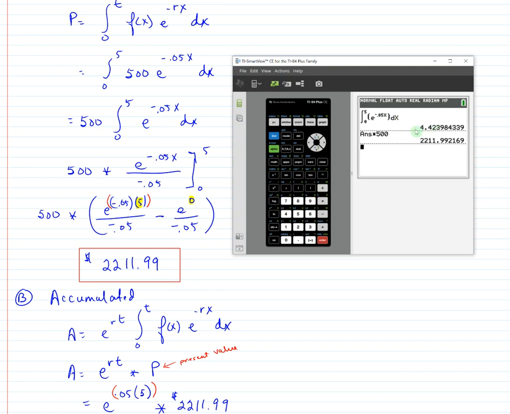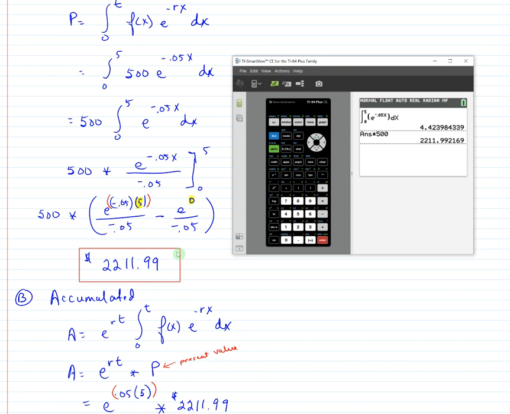I hit enter and got this 4.42 decimal number, and then I multiplied it by the 500. You get the answer that we get if we do it the long way. At this point, you are totally capable of doing that. You do need to use your formula and get it set up, but you can do that.